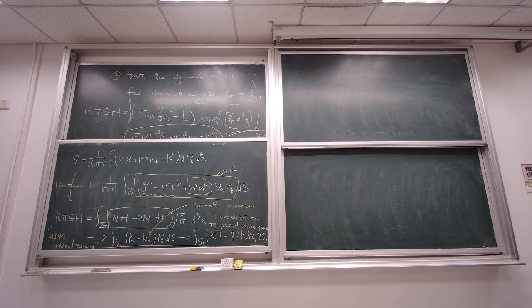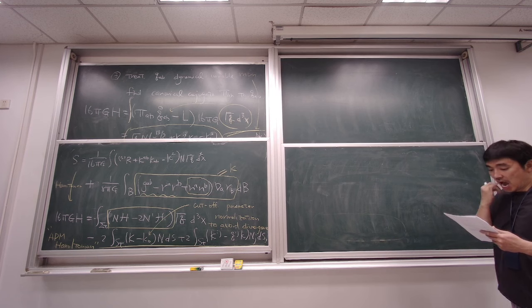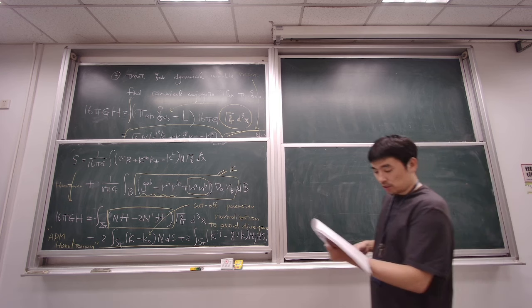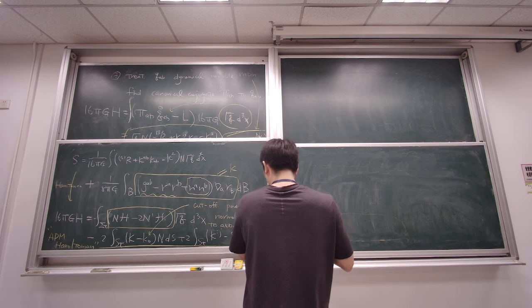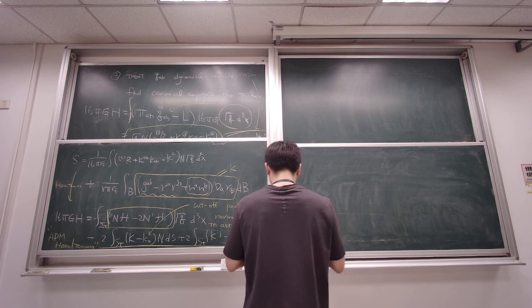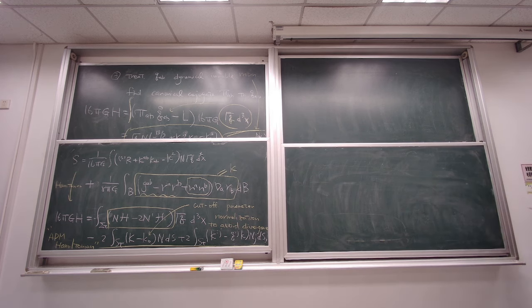Let's do the calculation in the Schwarzschild case. Kerr is also okay.